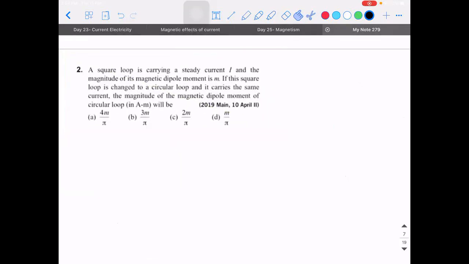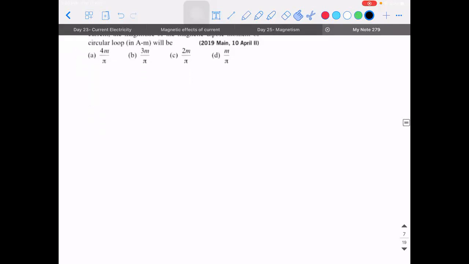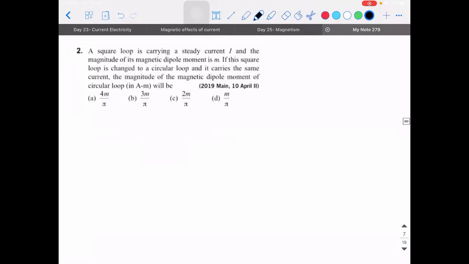Read the question and tell me how you're supposed to do. There is a square loop which is carrying a steady state current of I, and magnitude of its magnetic dipole moment is M. If the square loop is changed to a circular loop and it carries the same current, the magnitude of the magnetic dipole moment of the circular loop is how much?